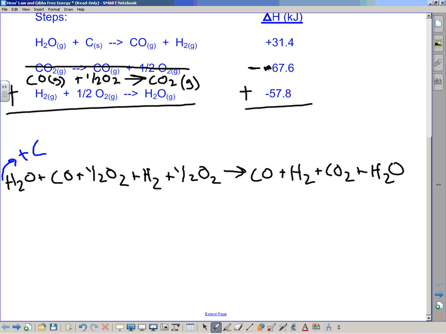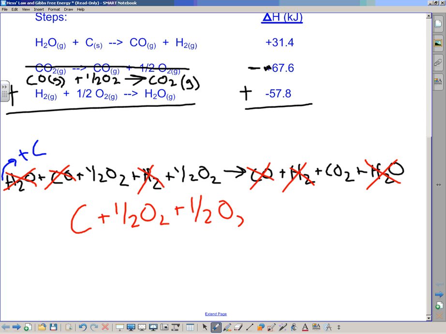So now we're ready to start canceling out. We cancel terms that are the same on both sides of the reaction. We have water here, and we have water here. Gone. We have carbon monoxide here and carbon monoxide here. We have hydrogen gas here, hydrogen gas here. So we end up with carbon plus a half O2 plus a half O2 yields carbon dioxide.